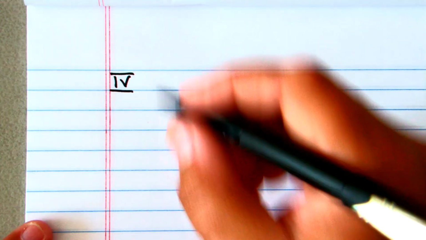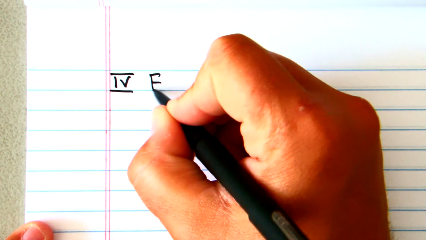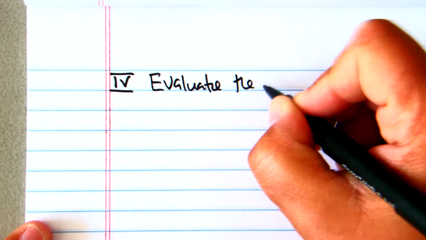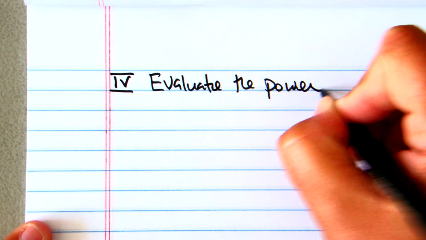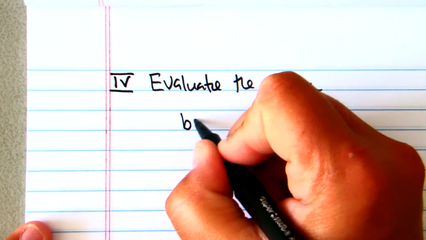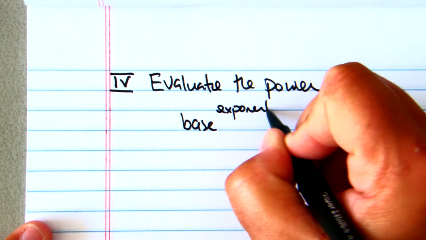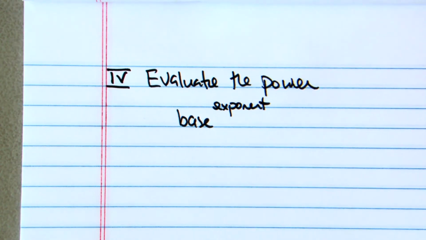Move my camera. All right, section 5 is going to deal with evaluate the power. If you recall, we have a base and it has an exponent. The exponent does nothing more than tell us how many times to multiply the base times itself.